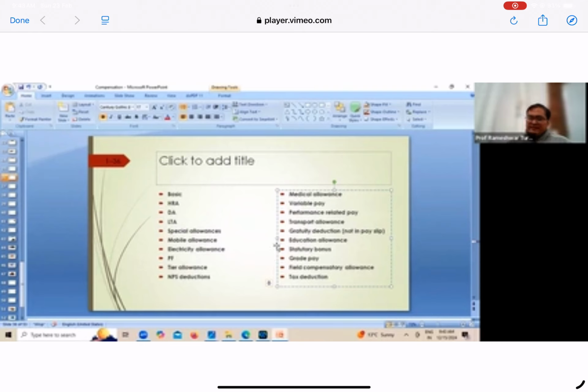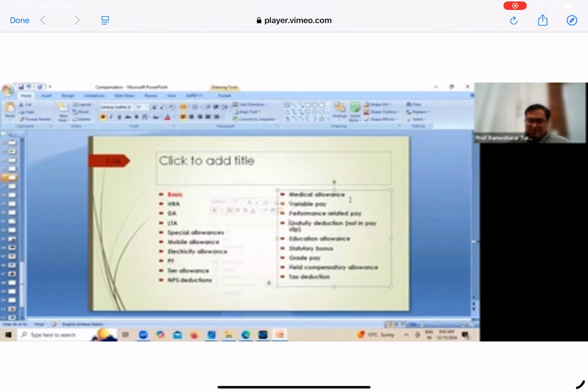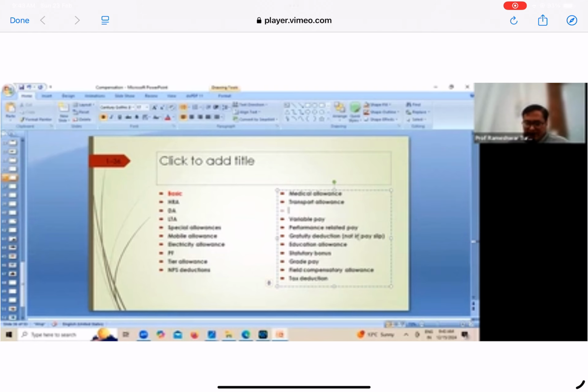Okay. Allowance. Looking at these components, we can basically classify them into three basic categories.